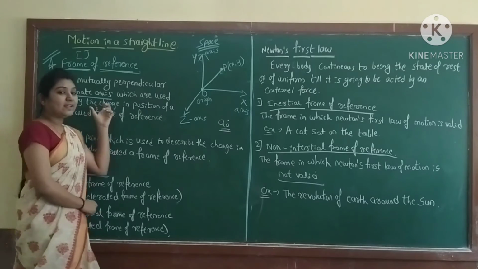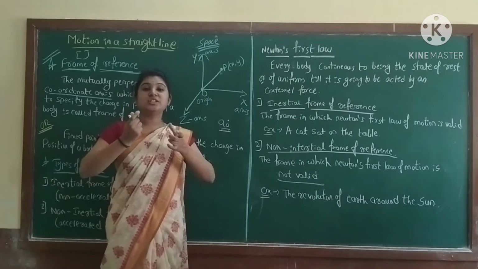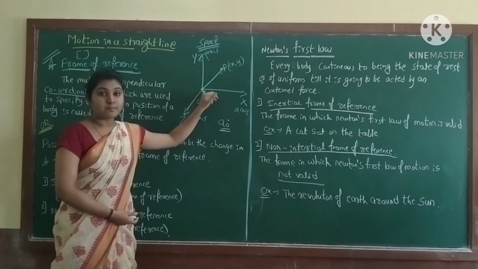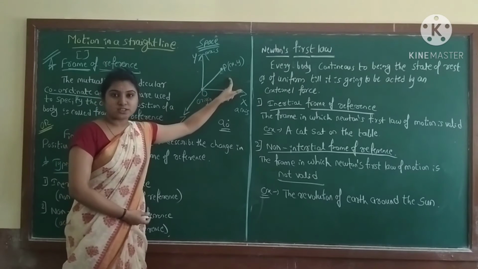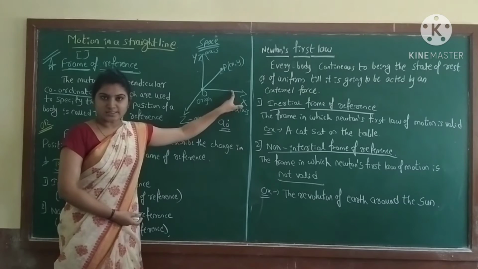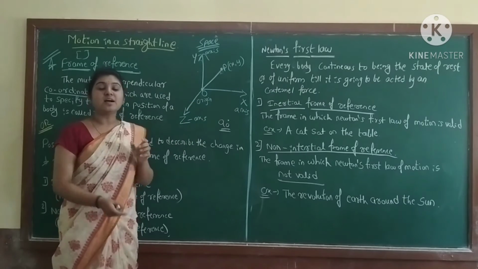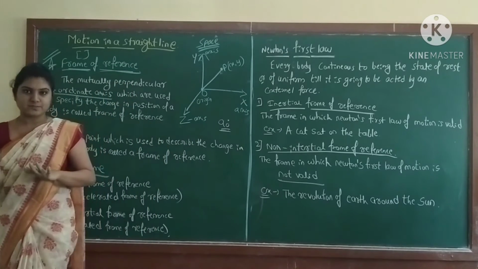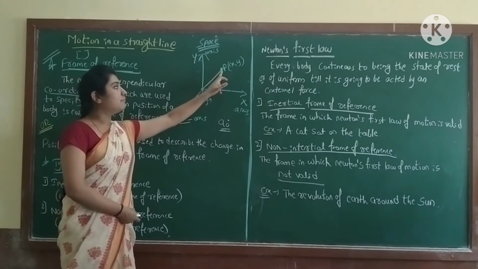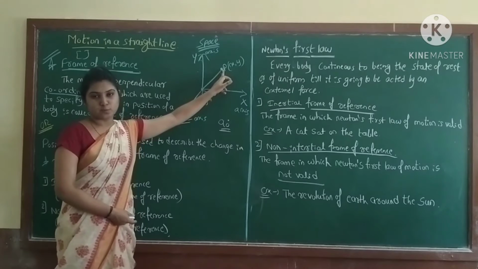Yes, what do they specify? Change in the body position. Now see, first you were here, but now you are present at this position. You changed your position. Yes, so that is nothing but the frame of reference. See here, now you are at this position, but now you are at this position.